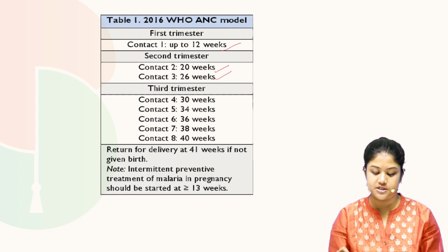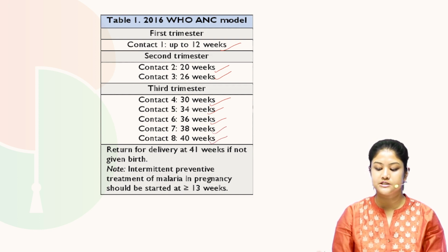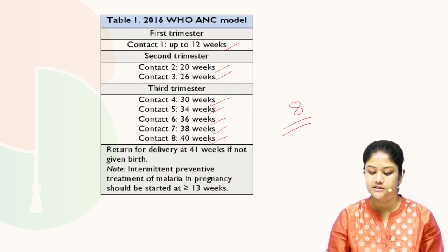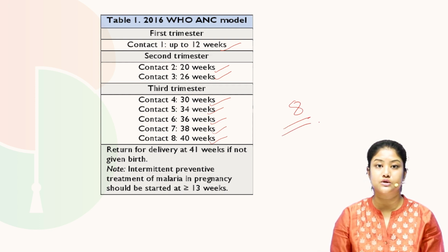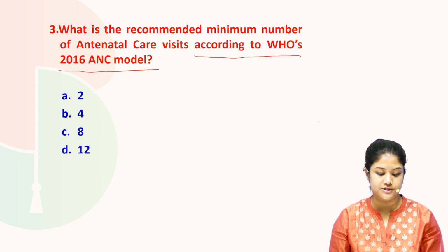And in the third trimester, contact 4 at 30 weeks, contact 5 at 34 weeks, contact 6 at 36 weeks, 7 at 38, and 8 at 40 weeks. So this makes a total of 8 contacts. So let's look into the correct option now. The correct option here is option C, that is 8 contacts.